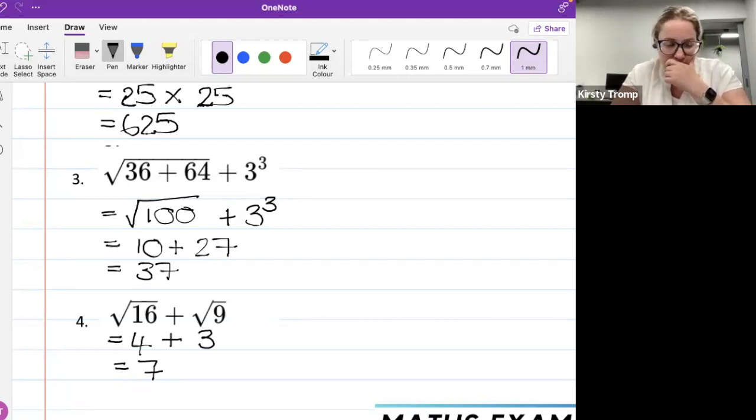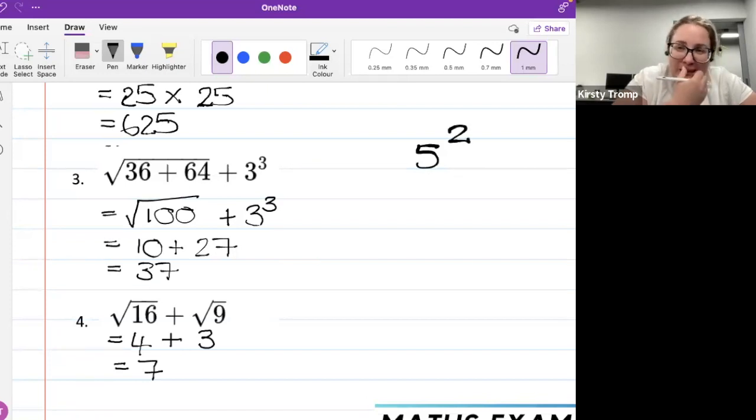Okay, so is it a fraction? No, it's like 5, can you see that, ma'am? Is it like this? 5 to the power of 2, like that? Yes, ma'am. Okay, what does that mean?